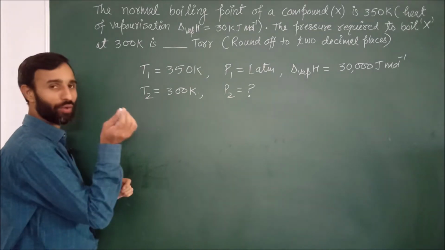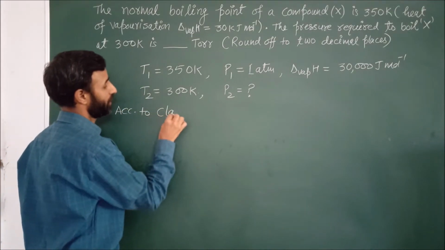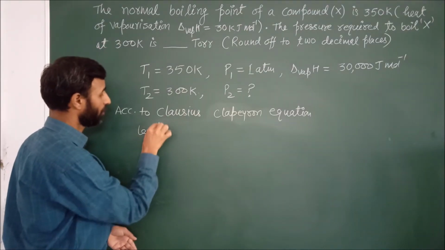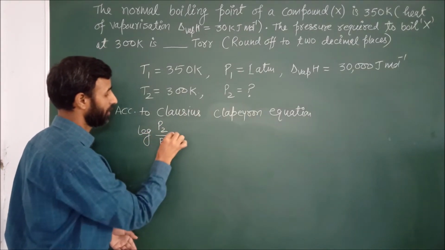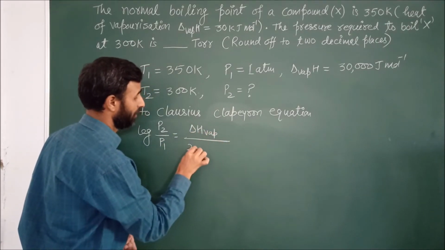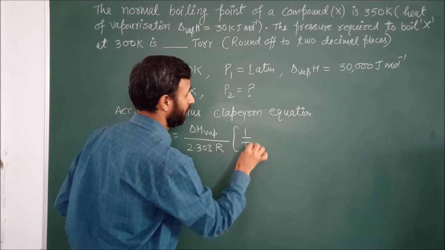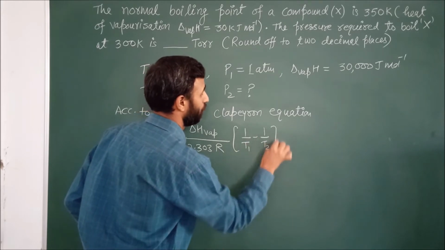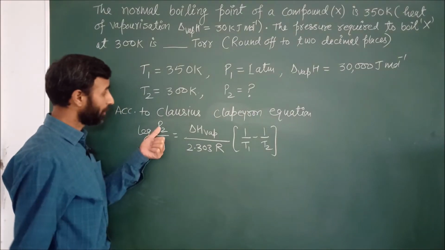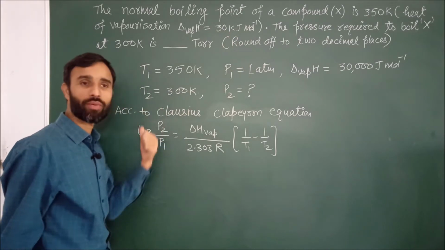So by using the Clausius-Clapeyron equation, the relation is log P2 by P1 equal to enthalpy of vaporization divided by 2.303 R into 1 upon T1 minus 1 upon T2, right? Now see, P2 and P1 are pressures here. We can use them for vapor pressure as well.